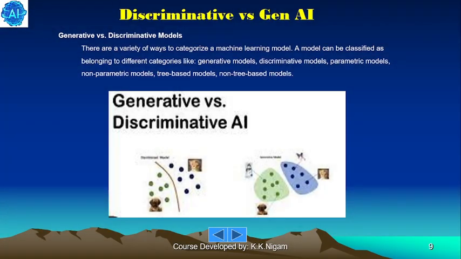Generative versus discriminative models. There are a variety of ways to categorize a machine learning model. A model can be classified as belonging to different categories like generative model, discriminative model, parametric models and non-parametric models, tree-based models, and non-tree-based models.